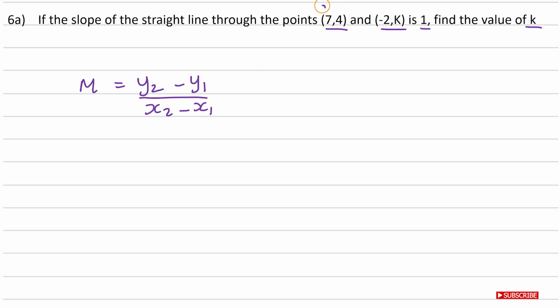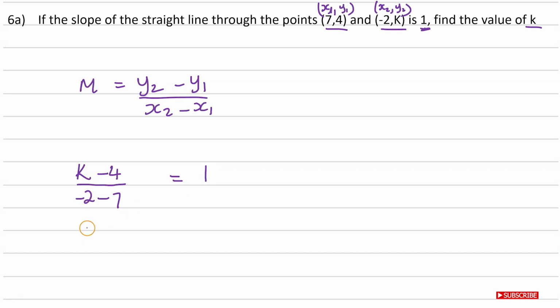So let's say these are your x1 and y1, and these values here are your x2 and y2, and we know m is equal to 1. So let's do that. y2 is k, so k take away y1, which is 4, divided by negative 2 take away x1, which is 7, that's going to be equal to 1.